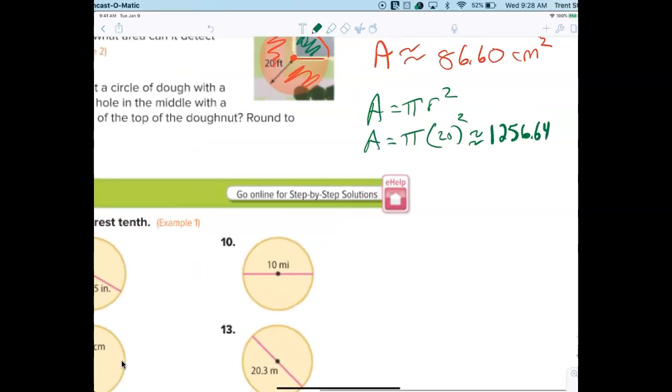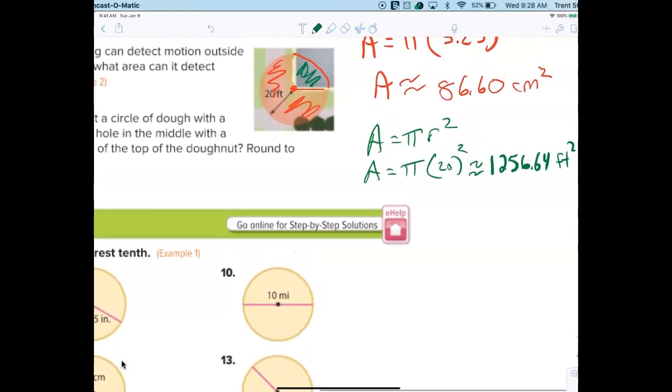So if it could do 360 degrees, that's how much area. So now what do I have to do? Good job. Divide that by 4. And tell me what that is. 16.